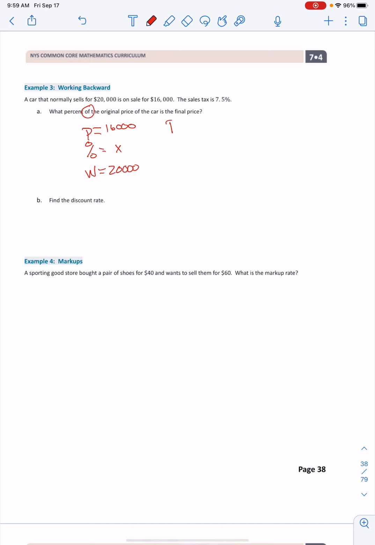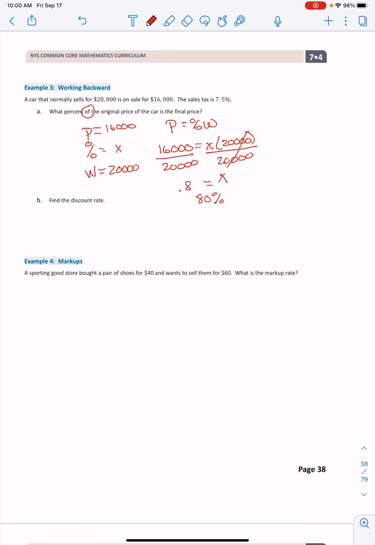So we have 16,000 equals X times 20,000. Divide both sides by 20,000. So X is going to give us 0.8 or 80%. For the discount rate, we take the 100 and subtract the 80 to give us 20%. So it's a 20% discount rate.